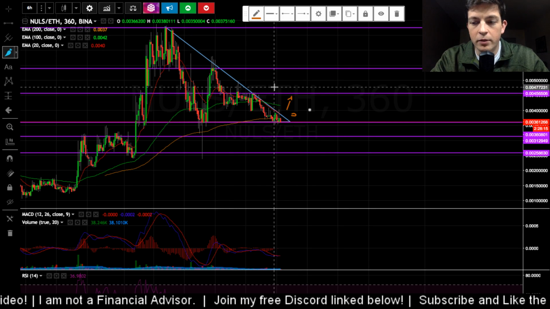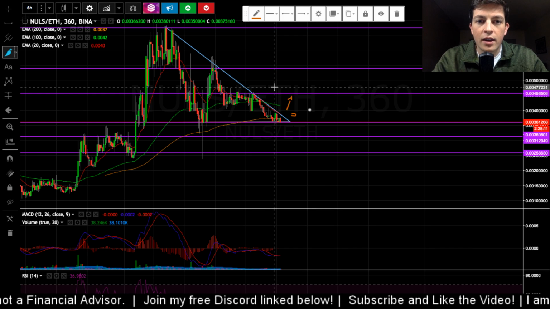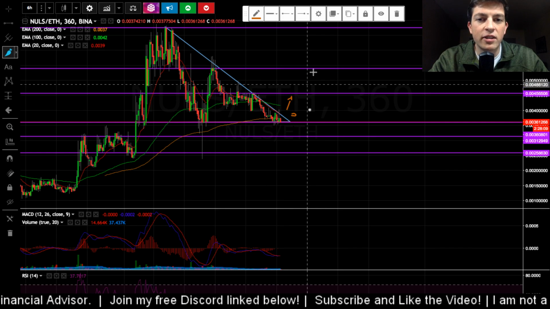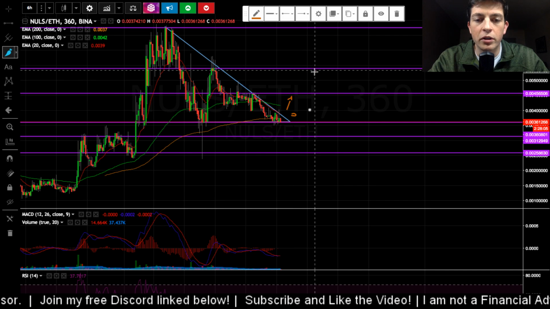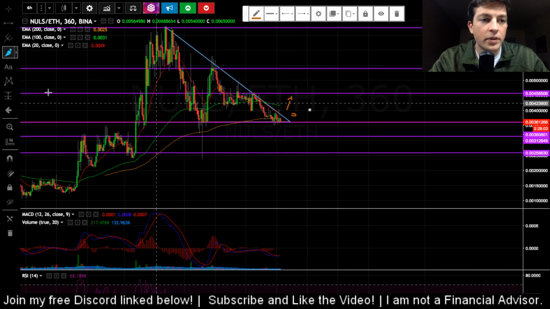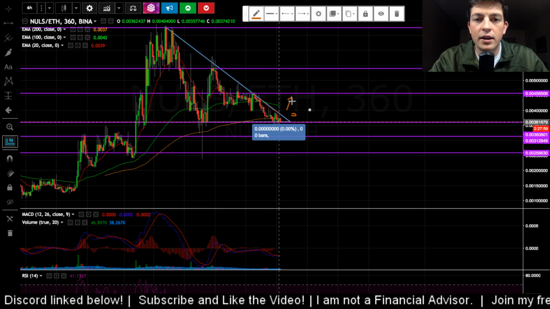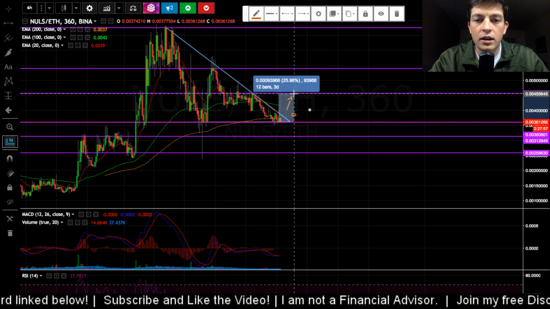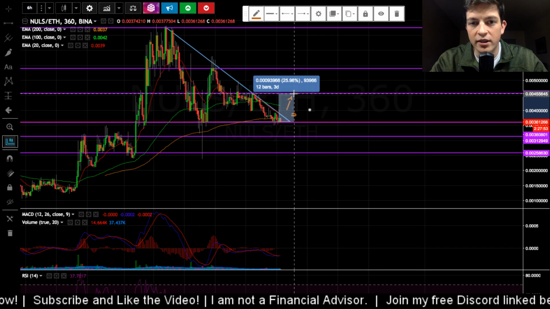Again, I'm in Ethereum, and basically each line is a place where we need to watch to make sure that we're going to break through. But already where we would be at, that's a 25% gain just to that next resistance line.